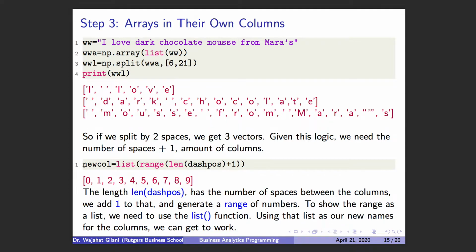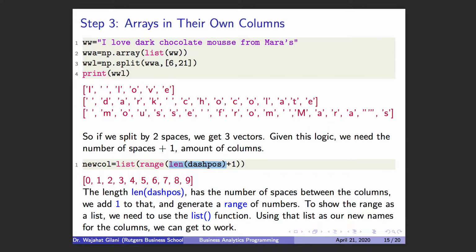And you can basically say the new columns I need are going to be, and here I do a little bit of math, the length of the dash positions, how many items there were, plus 1, as a range. So it's going to give you something like 9 values, a list of values from 0 to 9.